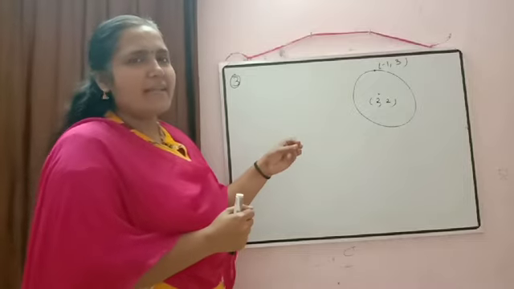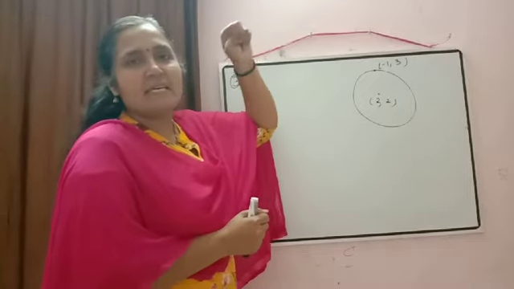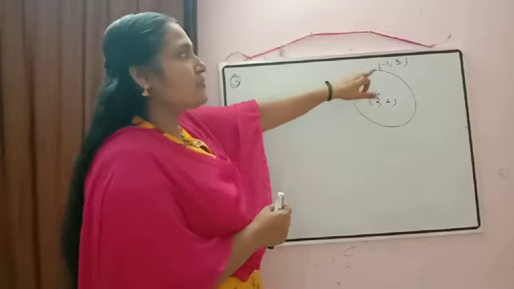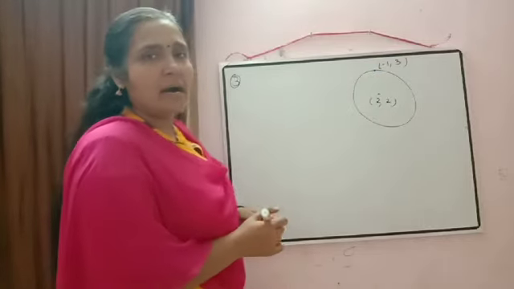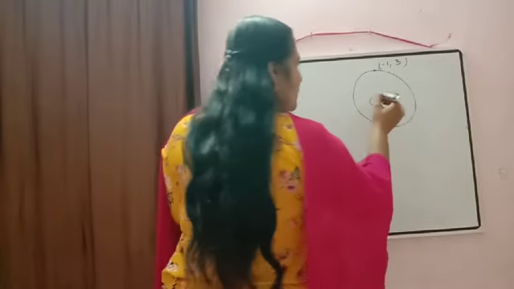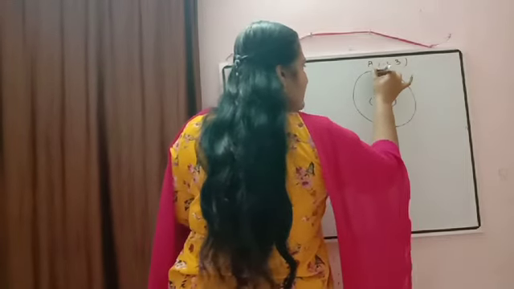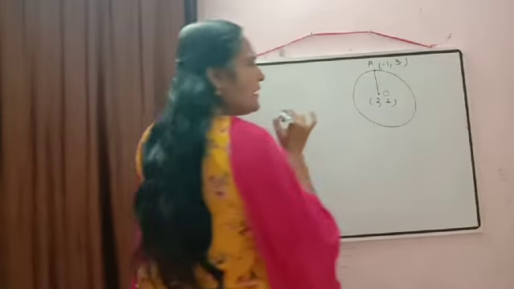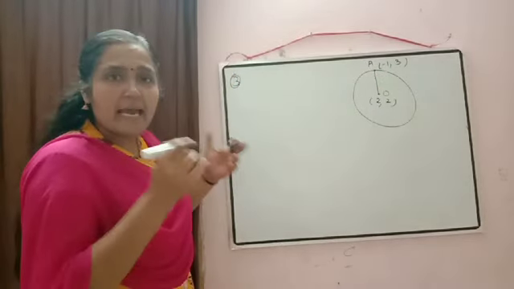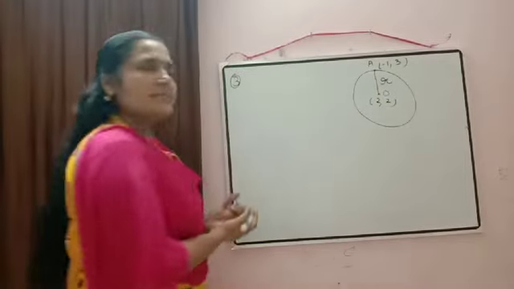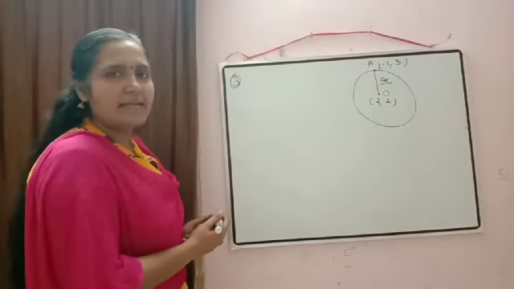But to calculate the radius, this information is given: the circle passes through the point minus 1, 3. So, if I join these 2 points, suppose the center is O and this is the point A. If I join O and A, what is that? Yes, that distance is the radius of the circle. So directly we can calculate the radius.